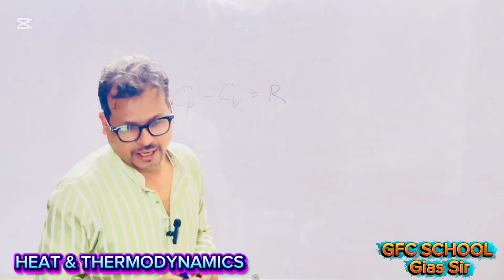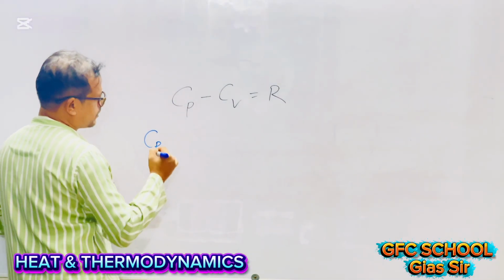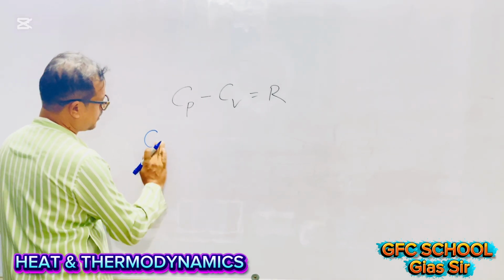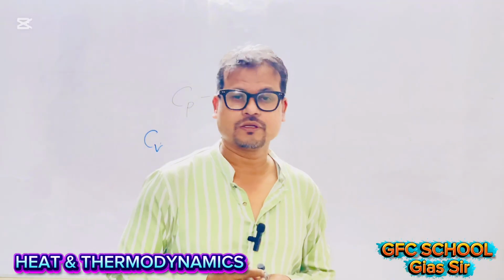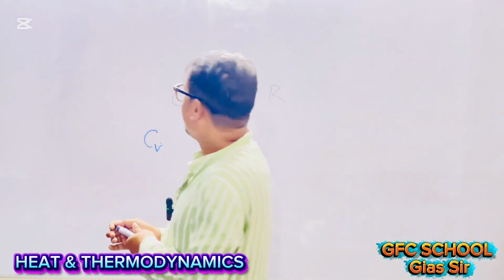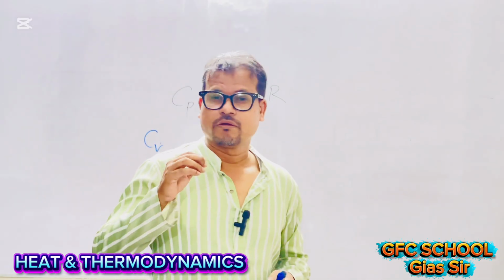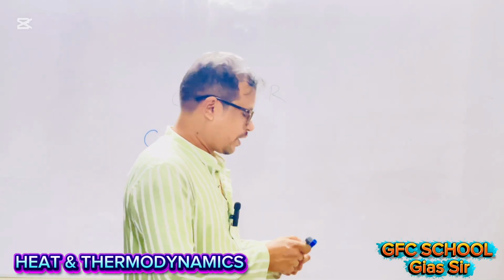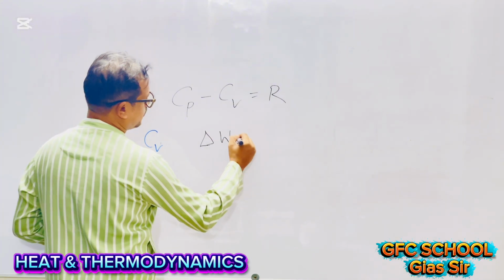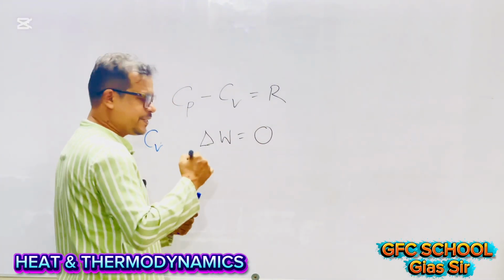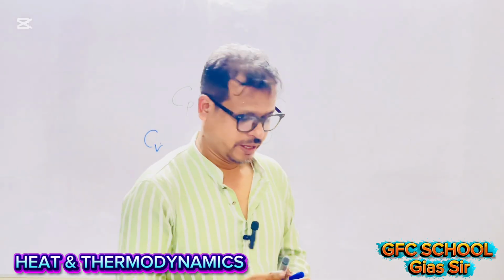Cv means specific heat at constant volume. Since volume is constant, work done dW equal to 0.